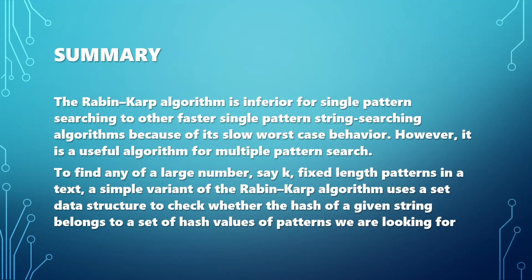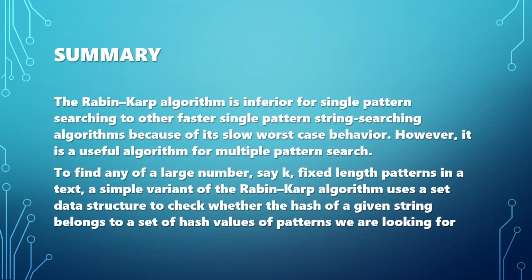So we have the common implementation of the Rabin-Karp algorithm, and instead of the substring we need to find, we have a set, like a hash set or hash table, depending on the programming language you use.